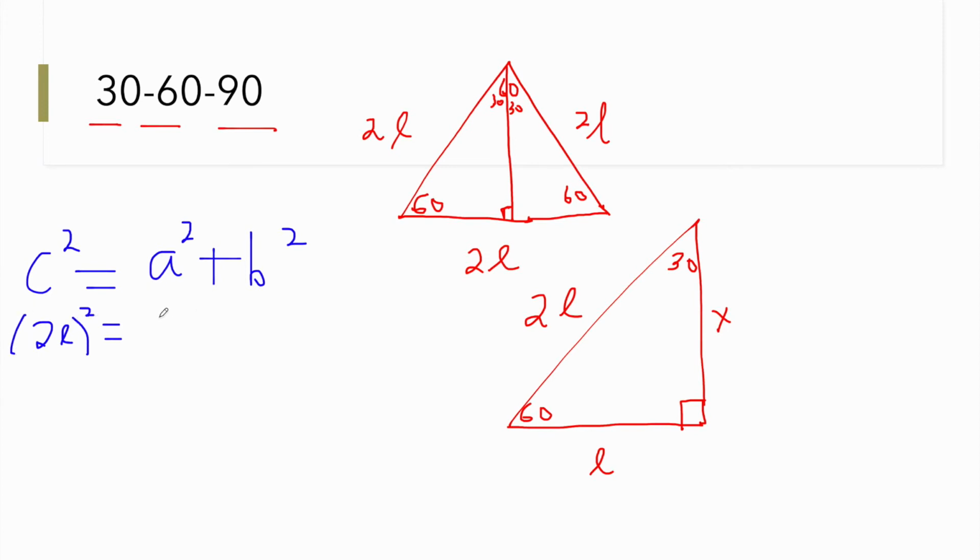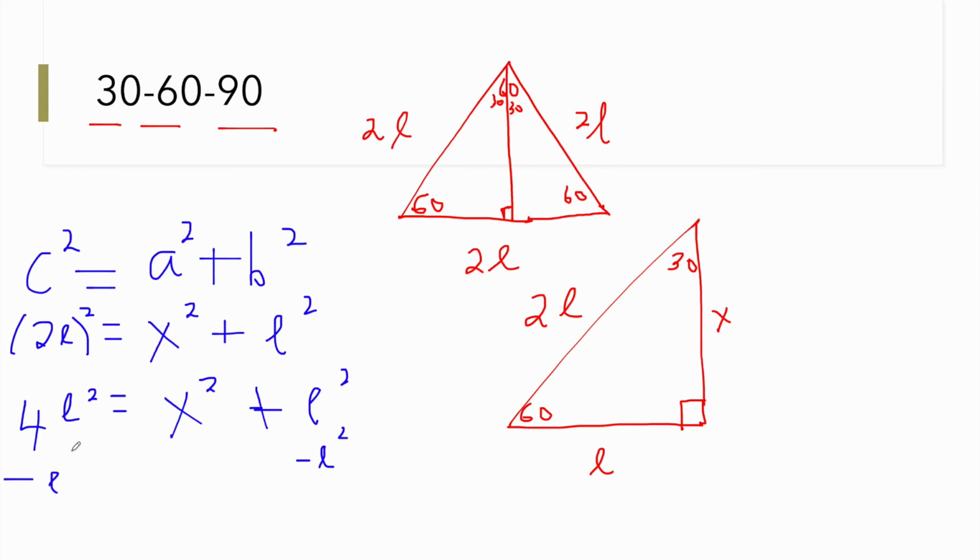And then I will put our X as X squared plus L squared. This will be equal to 2 squared is 4 L squared, and then we have X squared plus L squared. I will subtract L squared this side, subtract L squared. We have 3L squared, which will be equal to X squared.